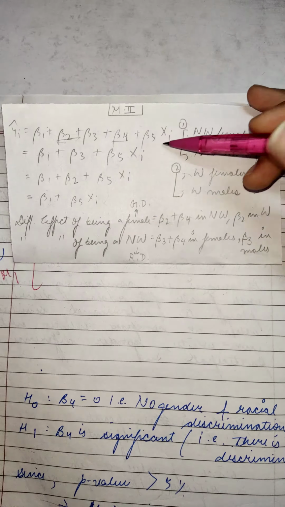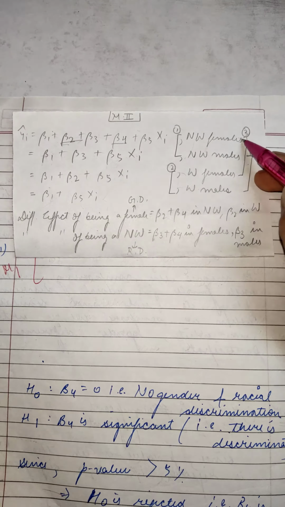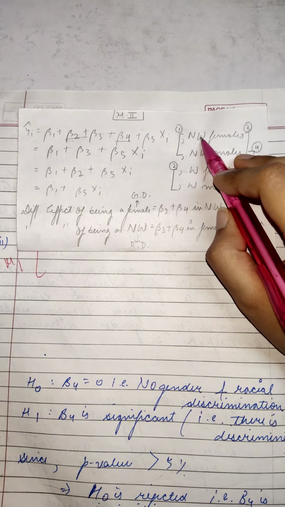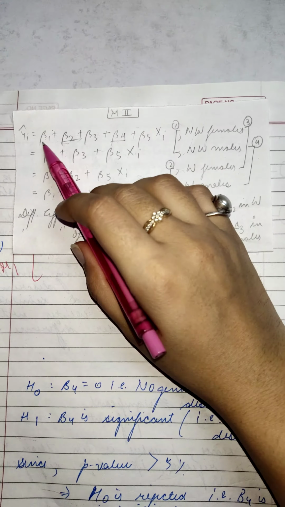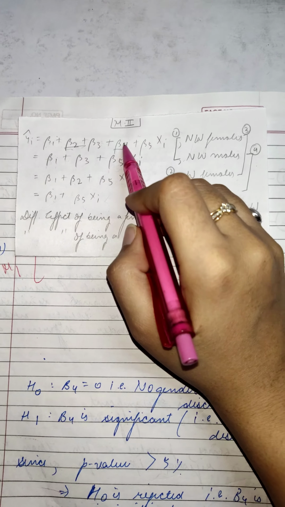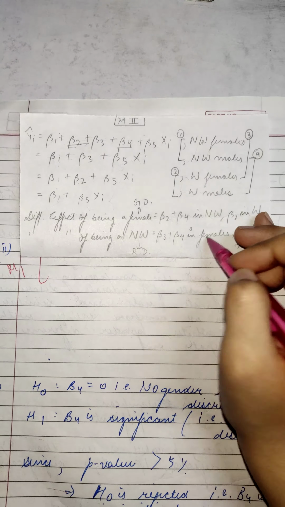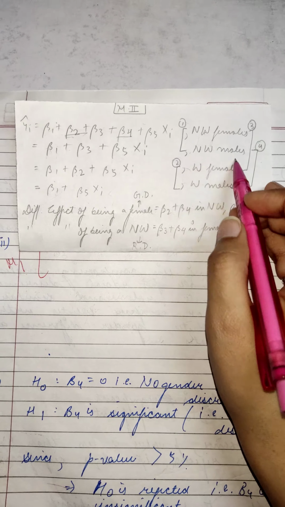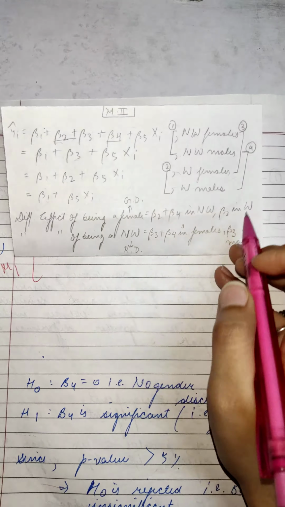Now to do that I look at this third combination. The differential effect of being a non-white for females is beta 1, beta 2, beta 3, beta 4 here, so it is beta 3 plus beta 4 for females. And for males, non-white males with white males, I have beta 3.